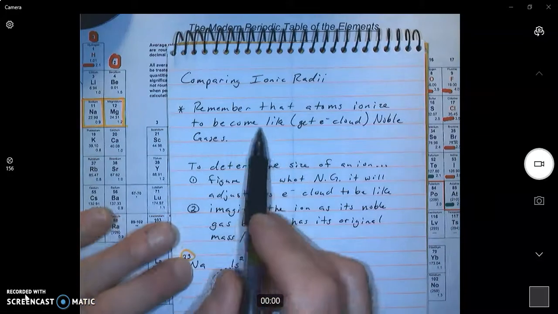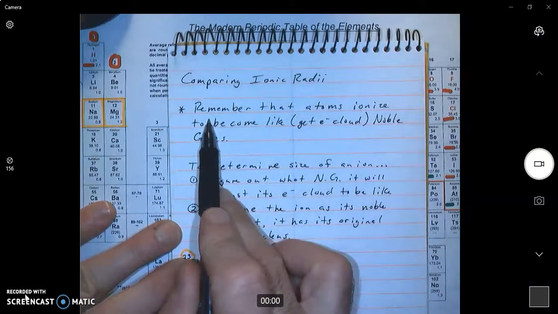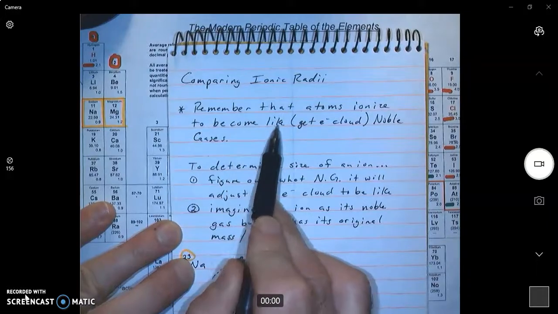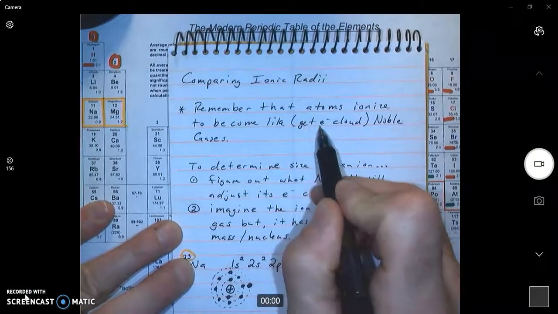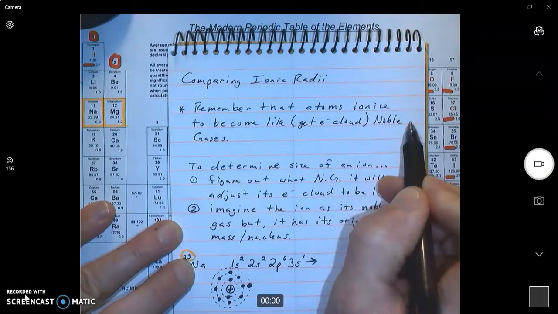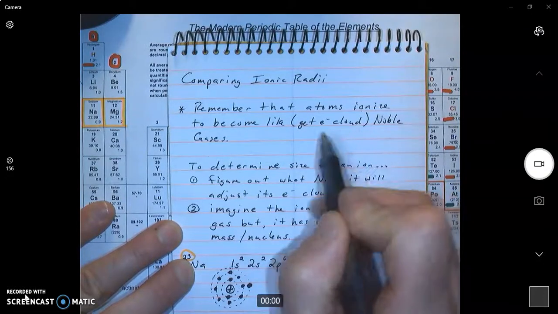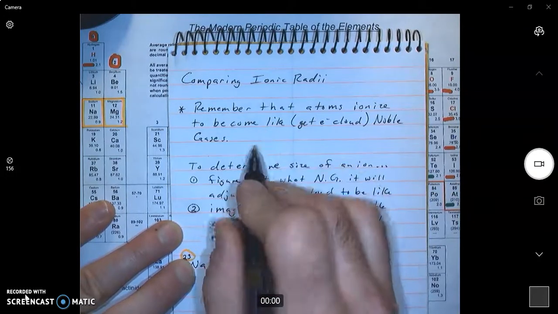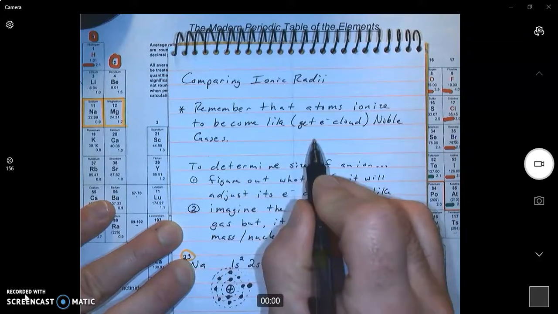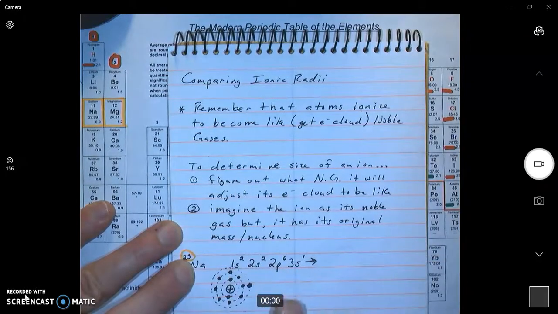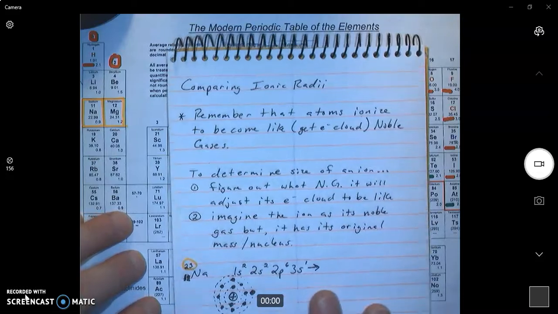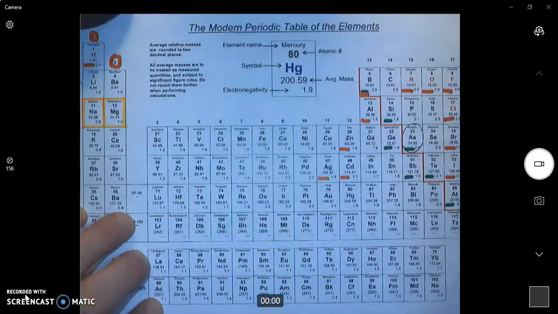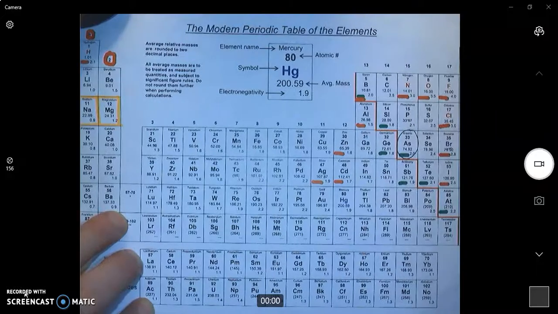So remember, atoms ionize to become like noble gases. And when I say like noble gases, they want to get the cloud of a noble gas. They want to get a full s or full s and p sublevel, depending on where they're at in the periodic table. Every other element on the table has what we refer to as noble gas envy.